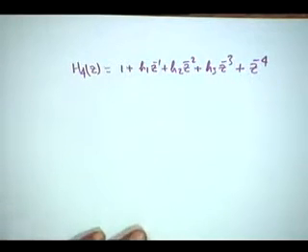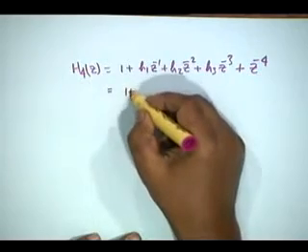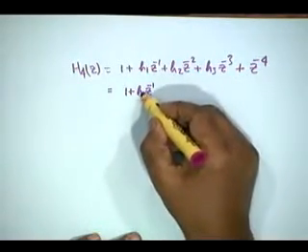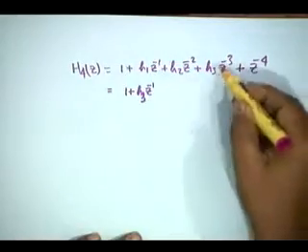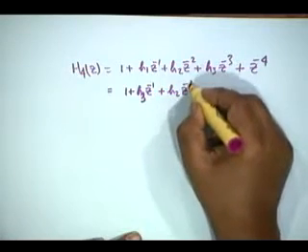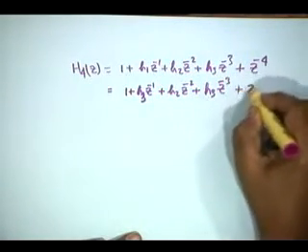And we had said the decomposition would be 1 plus H1 Z inverse, not H1, H3 Z inverse, we take this one, plus H2 Z to the minus 2 plus H3 Z to the minus 3 plus Z to the minus 4.